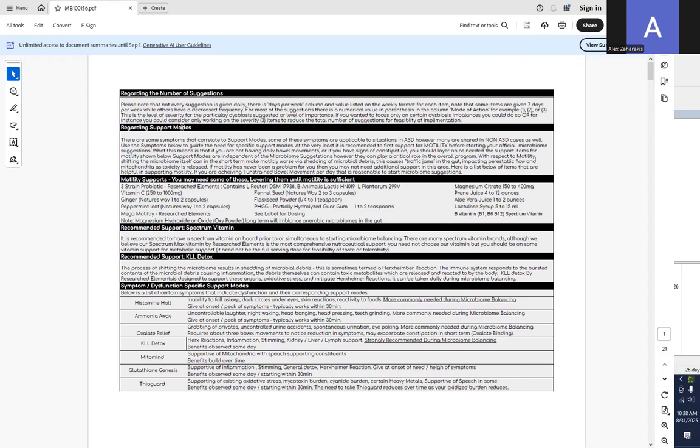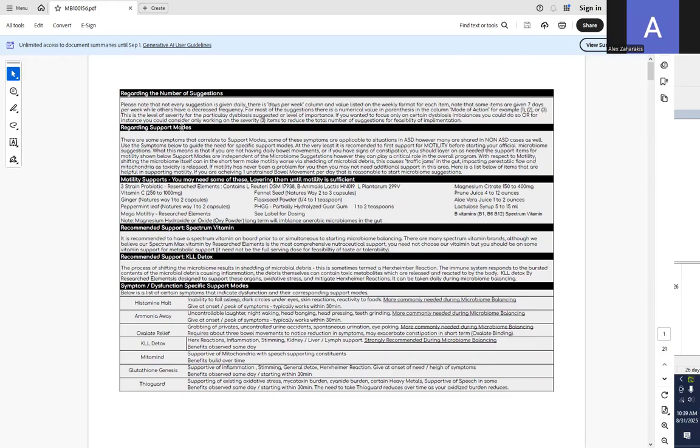So when the body is too overwhelmed with the level of ammonia, your nitrogen starts to rise, particularly if you eat nitrogen-rich foods, which could be meat or chocolate, could set you off. When the nitrogen gets too high, then the bacteria in your gut actually convert that nitrogen into nitrous oxide. So it comes from nitric oxide to nitrous oxide, which is laughing gas. So they start to basically laugh uncontrollably or have these bursts.